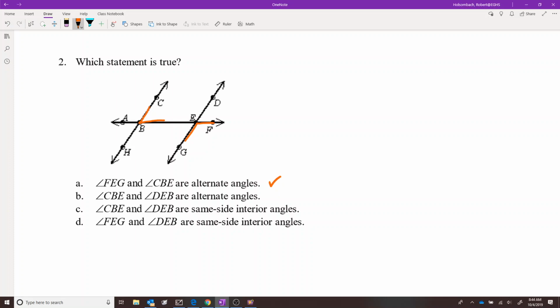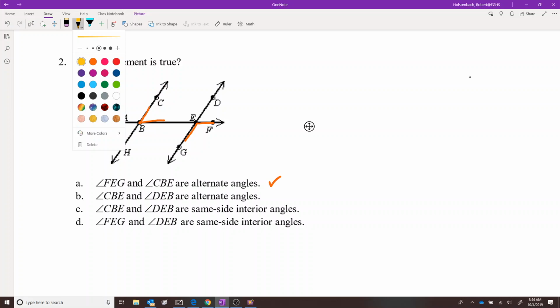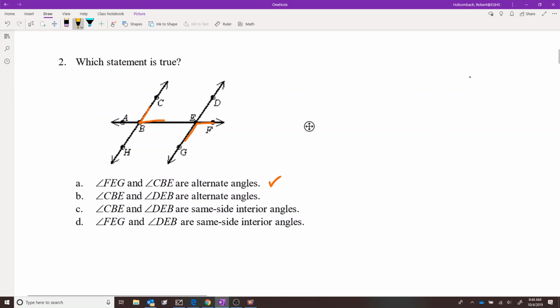All right, so let's look at another option. CBE, which is this angle again, and DEB are alternate angles. That's not true. They're on the same side of the transversal.